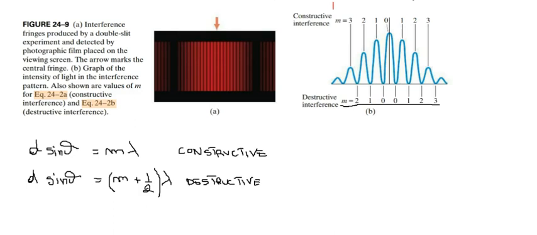Let's look at the lower side of this picture and see, for example, m equals to 3. That m equals to 3 corresponds to a minimum in this case. So this corresponds to a minimum, or also you can say that corresponds to the third dark fringe.